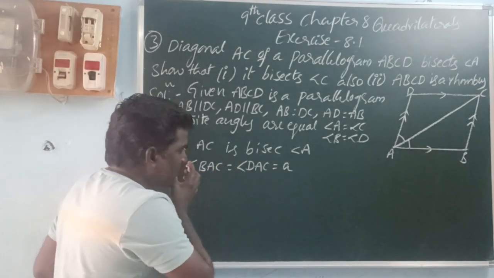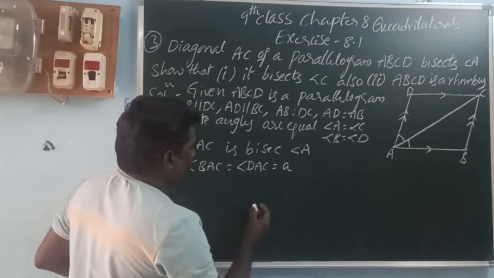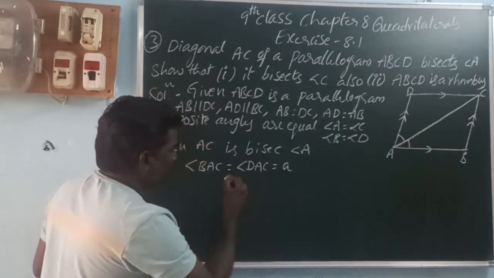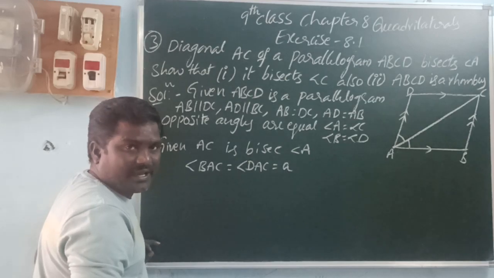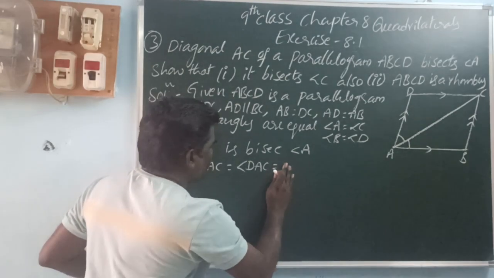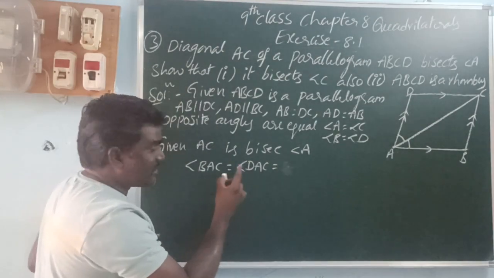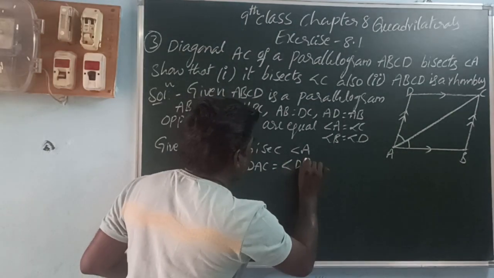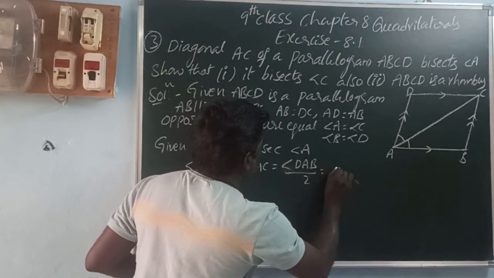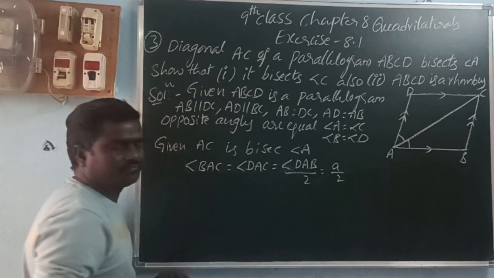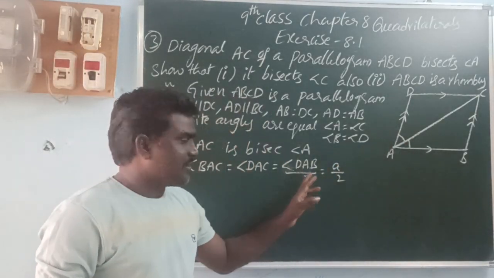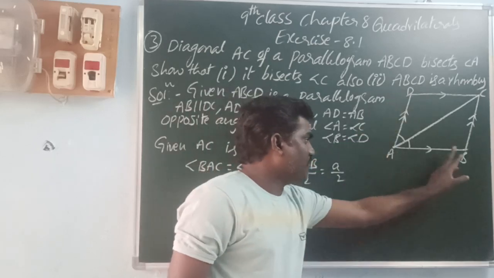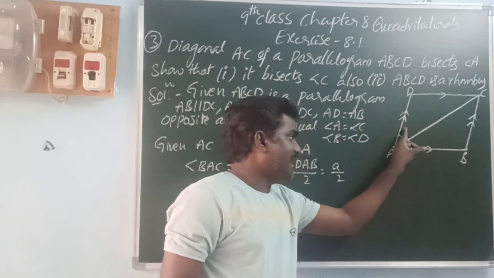Here each angle is half of the total angle DAB, so that is equal to A by 2. Let us take angle A as A. Angle DAB, this angle is how many parts?